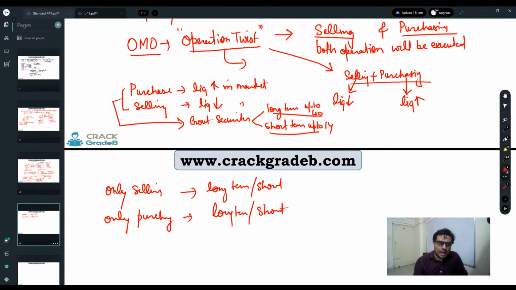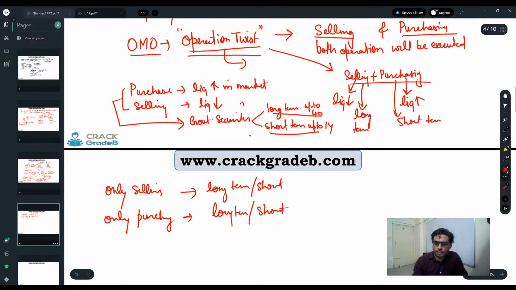But when RBI will go for operation twist, it is going to sell long term, right? And it is going to purchase short term. It is going to purchase short term and it is going to sell long term securities, right?